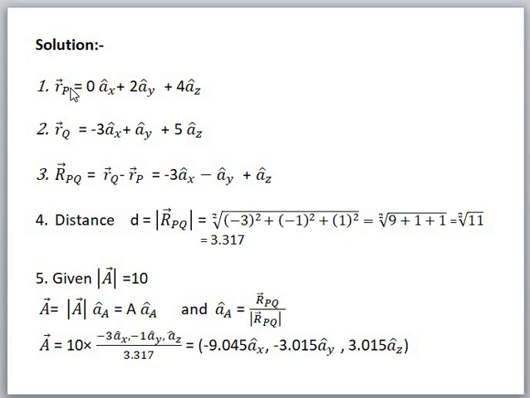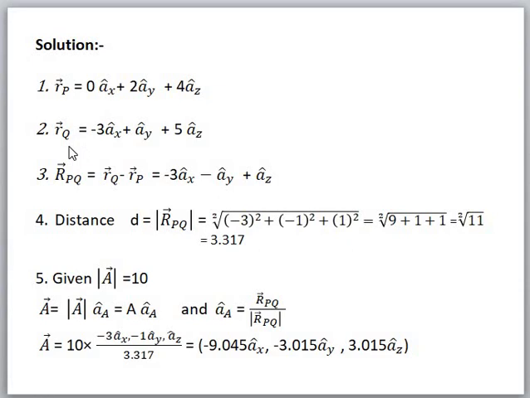Now let's see the solution of the first question, the position vector of P. Vector R_P is equal to 0 a_x cap plus 2 a_y cap plus 4 a_z cap. This is the position vector of P. Now the second answer is vector R_Q is equal to minus 3 a_x cap plus a_y cap plus 5 a_z cap.